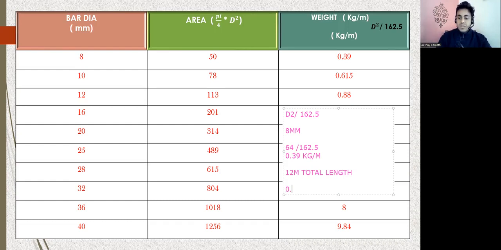Very simple, 0.39, you multiply this by 12. 0.39 into 12 is 4.68. So 4.68 is in kg. If you take a 12 meter bar of 8 mm dia and weigh it on the weighing machine, you're going to get 4.68 kg as the weight of that particular 12 meter 8 mm bar.